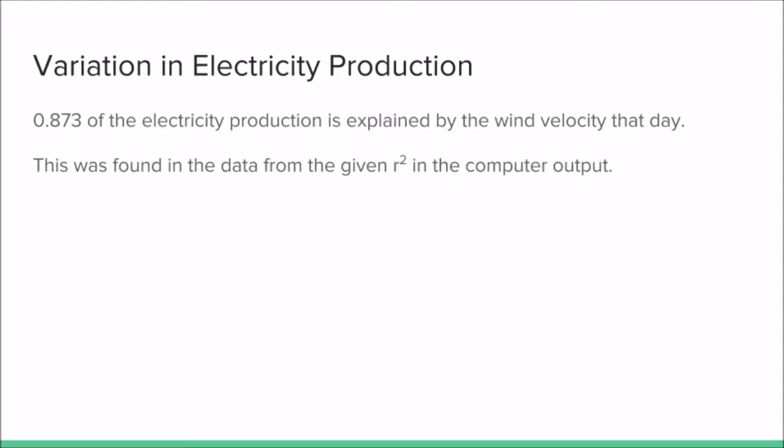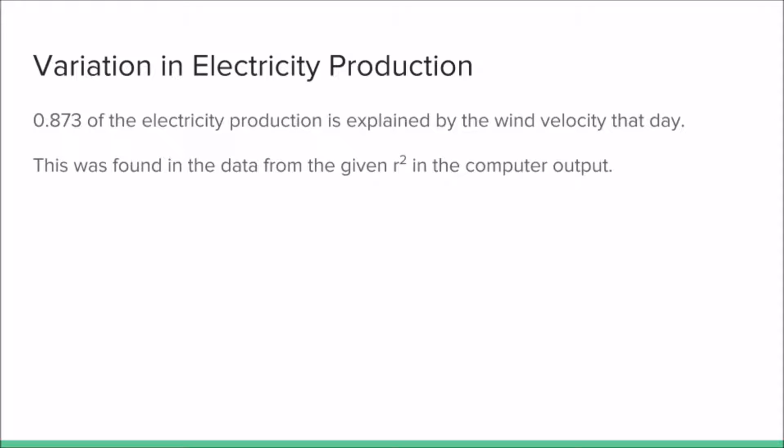To find the proportion of the variation in electricity production that is explained by its relationship with wind velocity, we must first find r squared. This is given to us in the computer output, so we can instantly use this to our advantage. r squared here is 0.873.